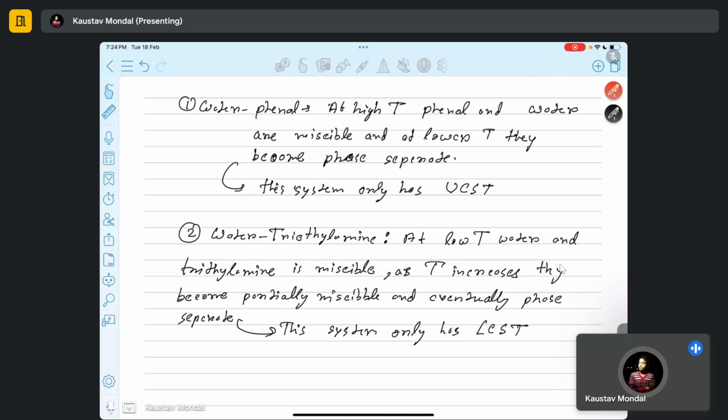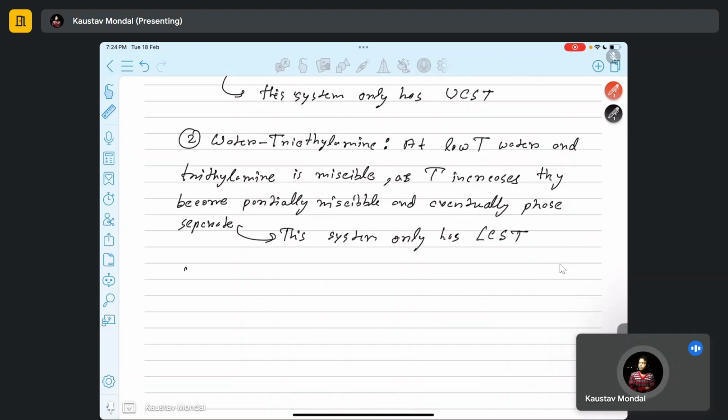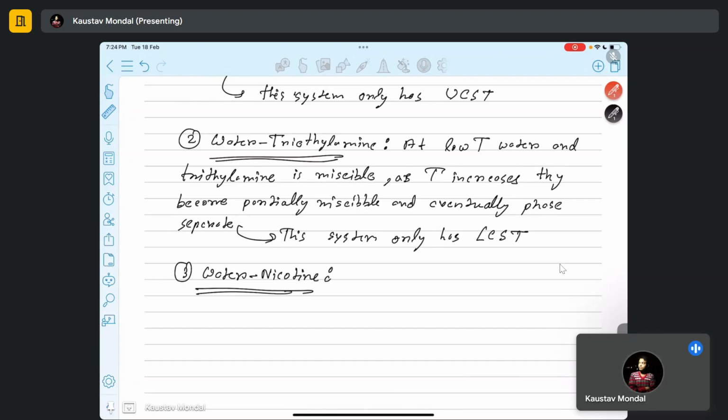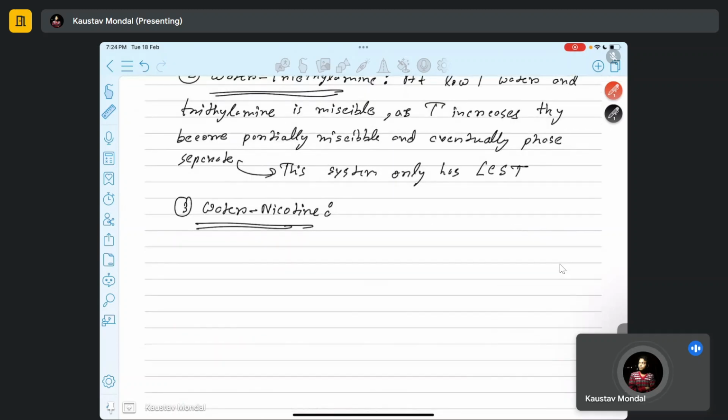So next comes water-nicotine. The third option is water-nicotine. Now this is important because in a water-nicotine solution, only at an intermediate temperature are water and nicotine completely miscible with each other.